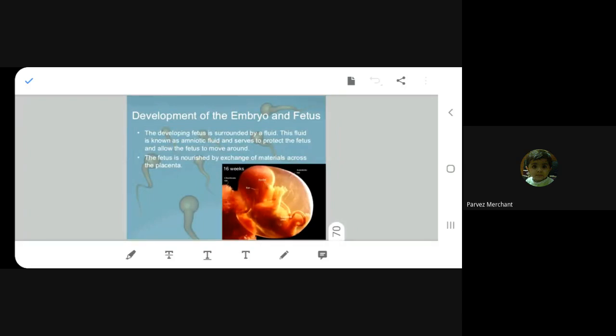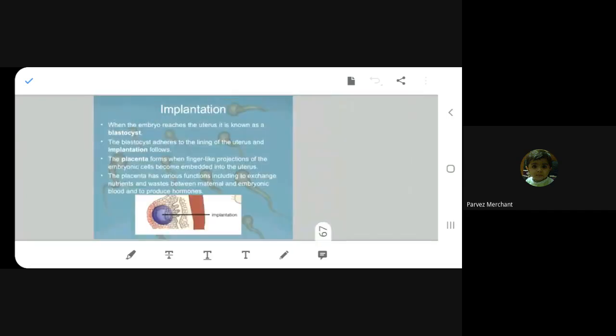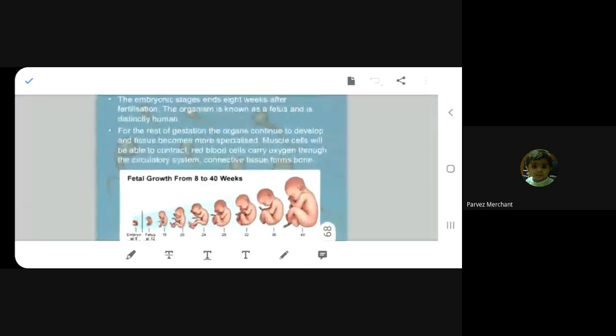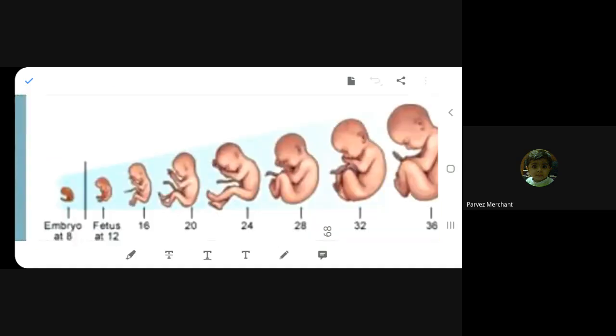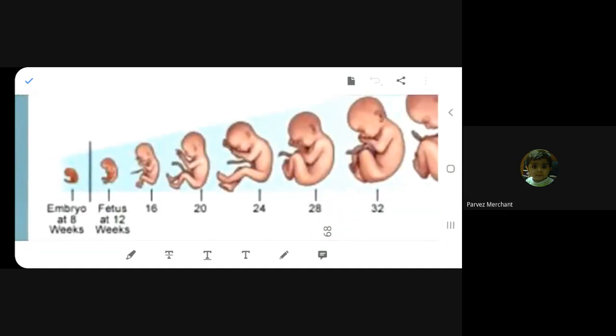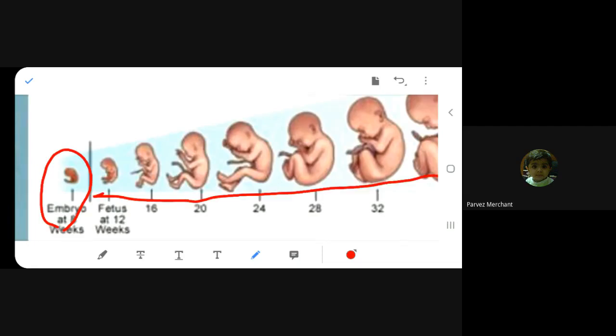Till 9 months the baby is called a fetus. Up to here it is an embryo, and then this becomes a fetus. Hope you have understood?